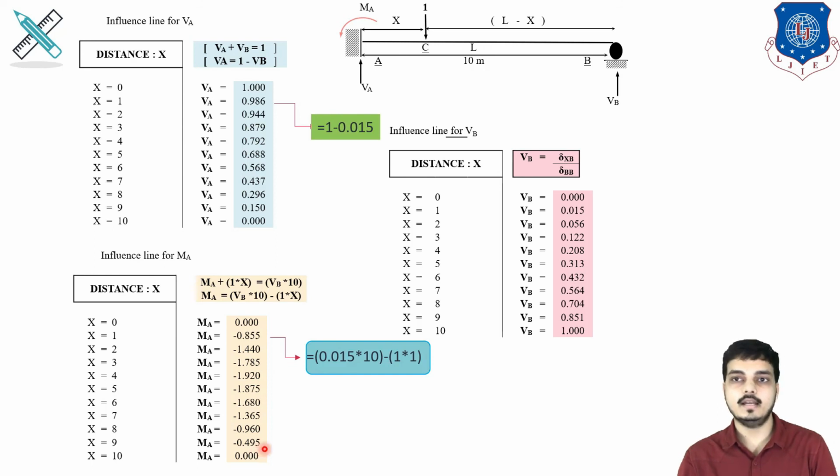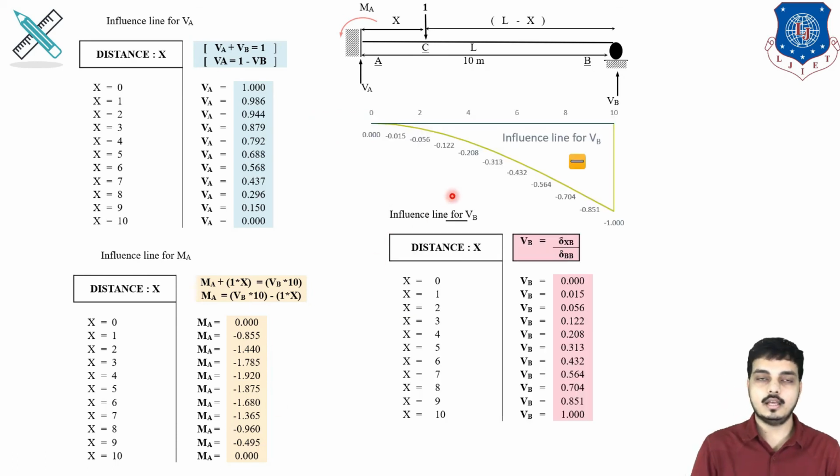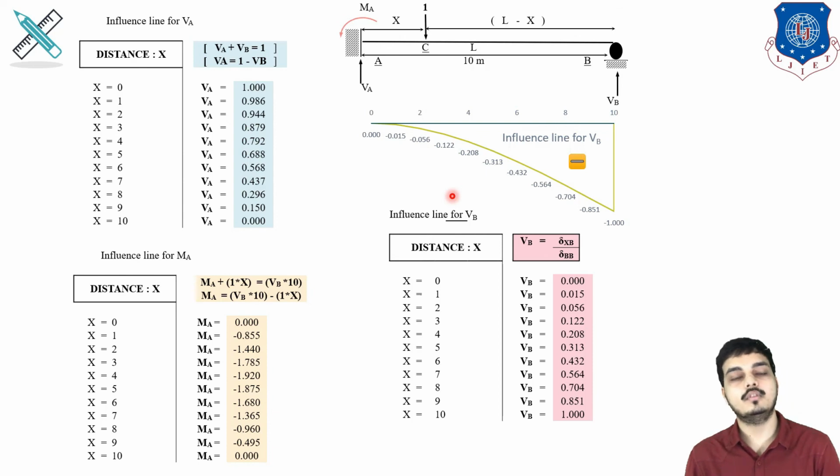Now our next step is to find out the diagram. As per the rule, we have to make VB a negative diagram. So the entire value has been kept in the opposite direction. Why so? Because look, this is the beam AB.